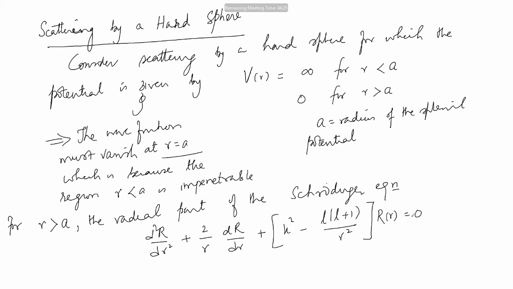This is the radial part of the Schrodinger equation, and k² is nothing but 2μE/ħ². Okay, let us call this equation number 1, but it is you who has to tell me back what the equation numbers were.